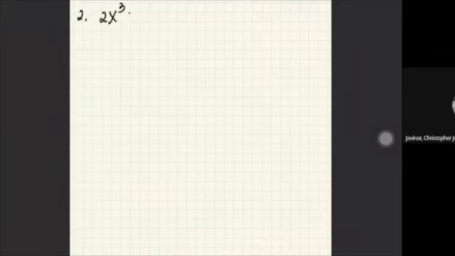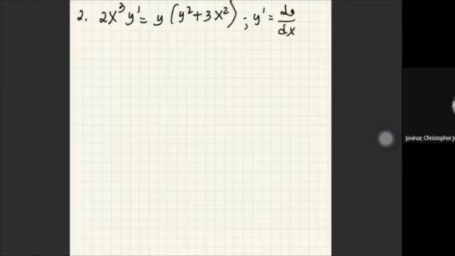2x cubed y prime equals y. Tapos, y squared plus 3x squared. Ayan, class. So, again, template ulit, dx. So, dyan pa lang, identified mo na, dependent variable ko ay y. Wala nang pagbabago yan.